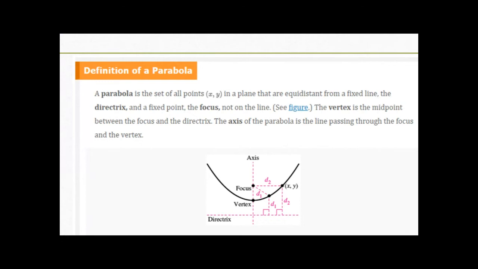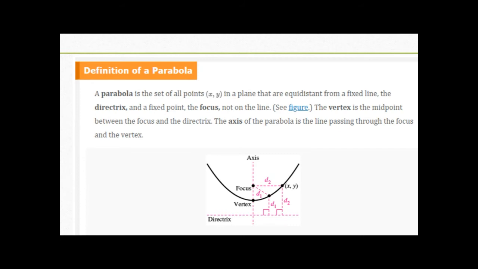The directrix is basically parallel to the way that it opens up. So if it's opening up, it's going to be underneath it. And then the fixed point is the focus. The focus is not actually on the line. It's the point where your parabola opens up. And the vertex then is the midpoint between the focus and the directrix. So it's halfway between those two.